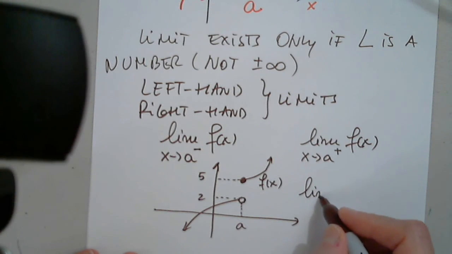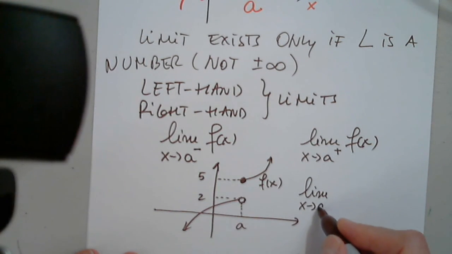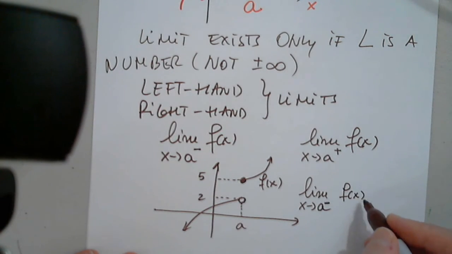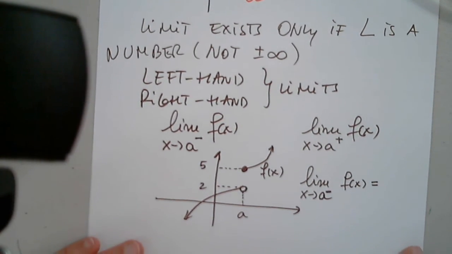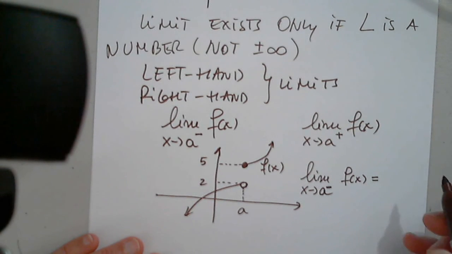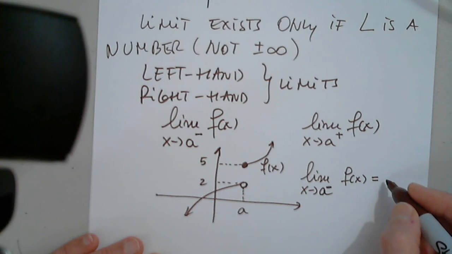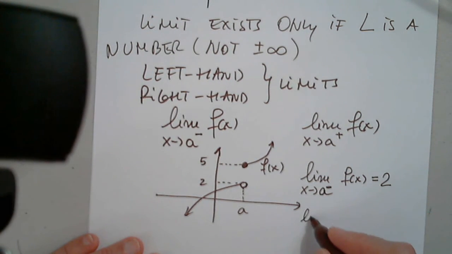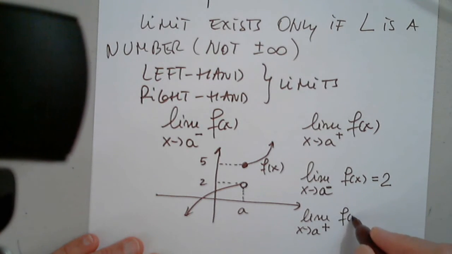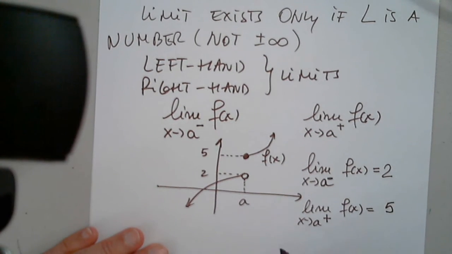I would write the limit from the left of a is, what do you think? Two. Very good. And the limit as x approaches a from the right of f of x is? 5. Very good.